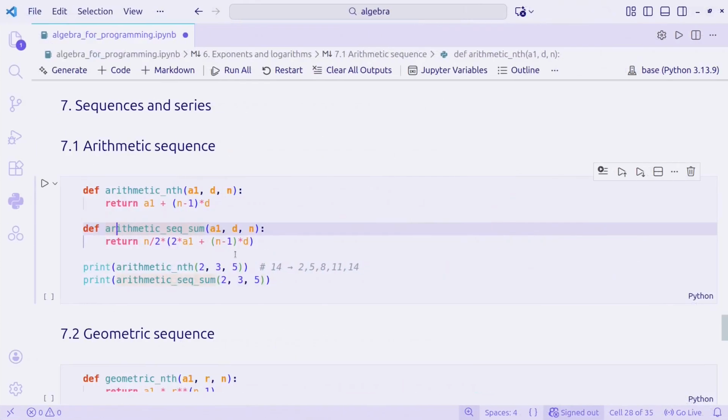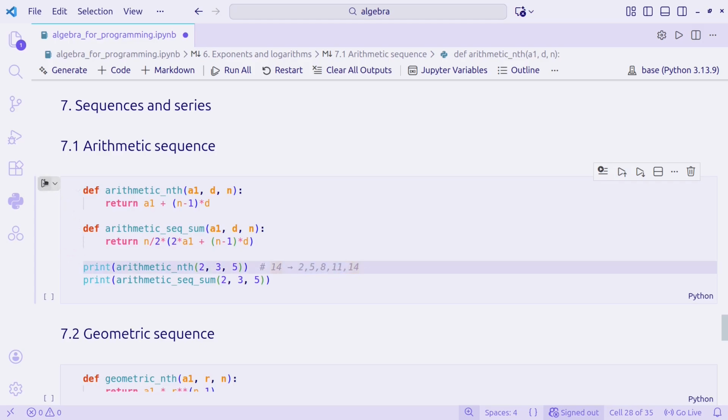Okay, so if I know the first term as 2 and the common difference is 5, and I have 5 terms, I'm able to get the fifth term as 14. And I can also find the sum of the arithmetic sequence terms from the first term as 2 to the final term as 14. Okay, so it is just doing 2 plus 5 plus 8 plus 11 plus 14.